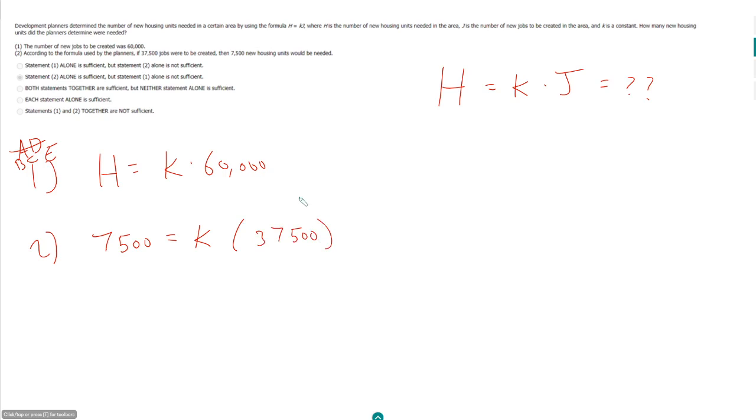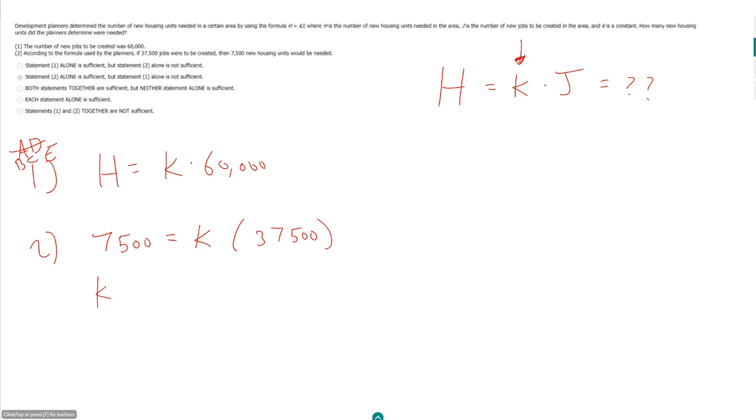Here we can solve for K, right? And once we have that K, since K is a constant, we can use that K in any situation. So like that K does not change ever. And so we can really just plug that K right into our generic formula.